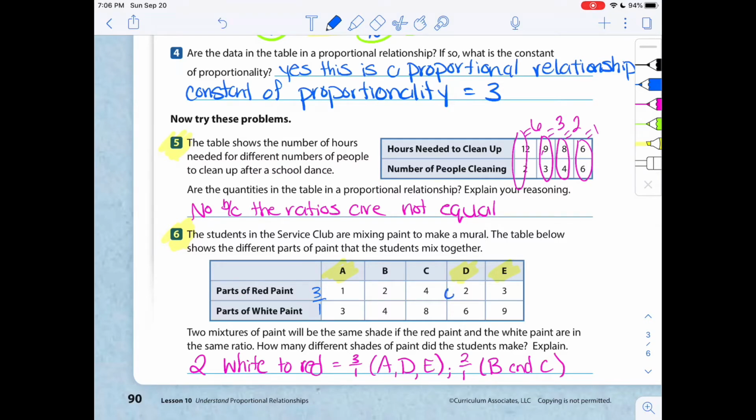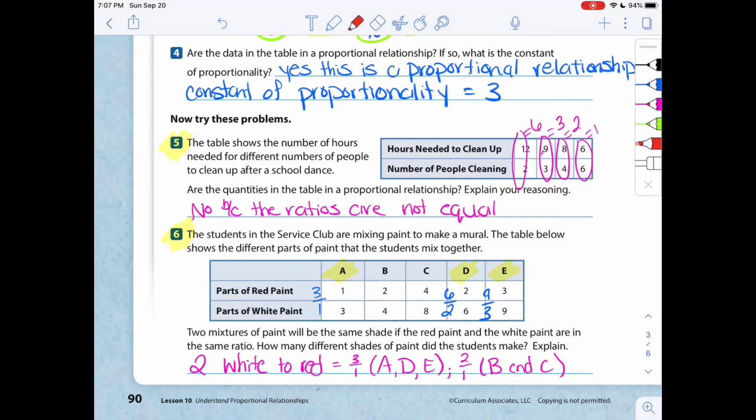D, again, white to red, 6-2. 6 divided by 2 is 3. And then E, again, white to red, 9-3. And 9 divided by 3 is 3.